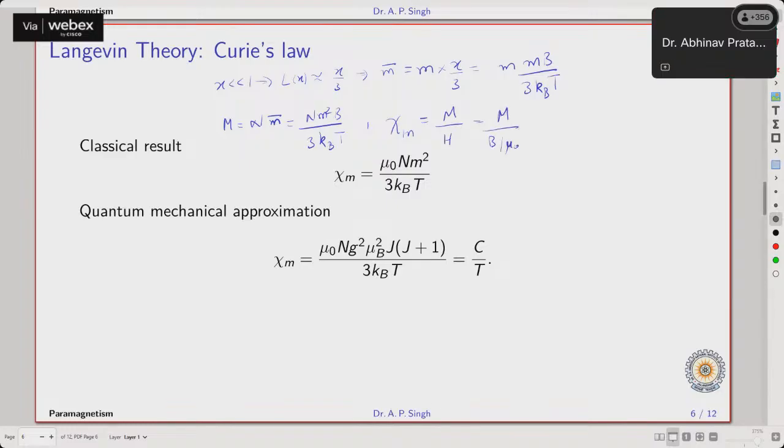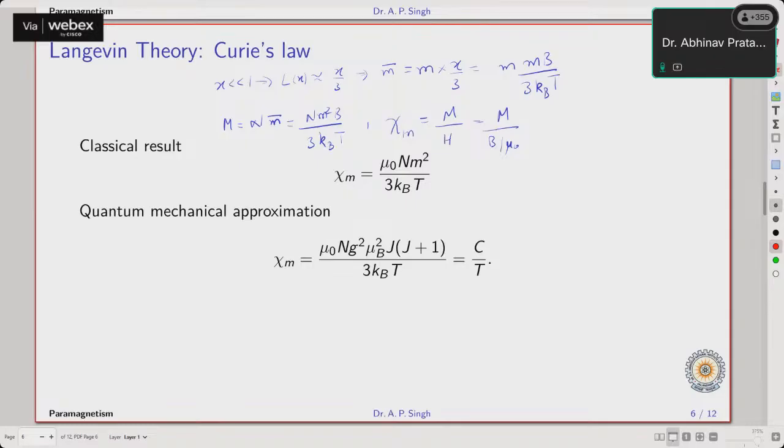So now you have already found the value of magnetization. You can substitute this value of magnetization into this equation, and finally what you will get is this susceptibility. So this will give you the classical result or the Langevin value of the susceptibility.